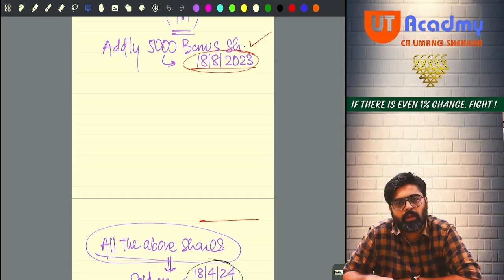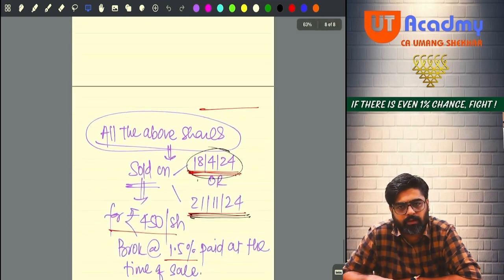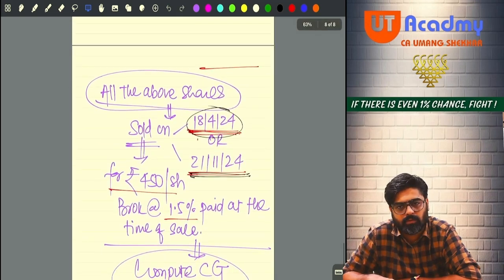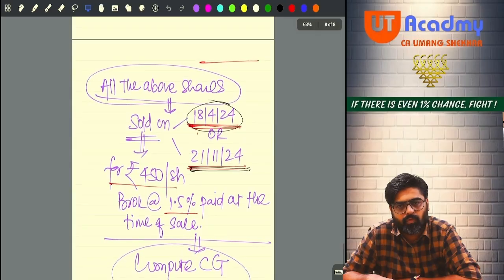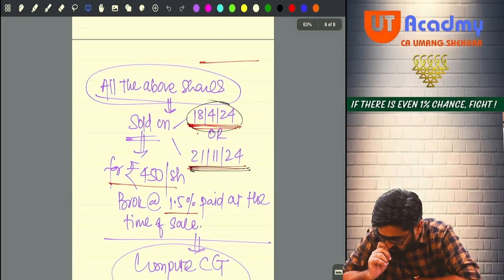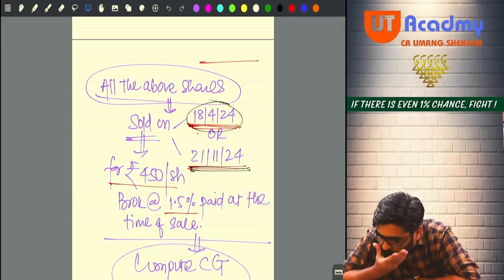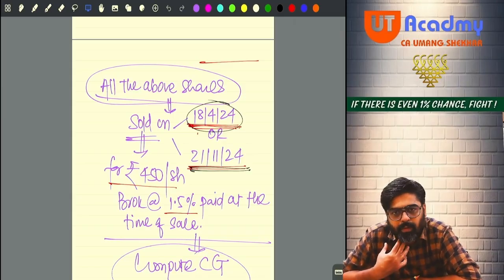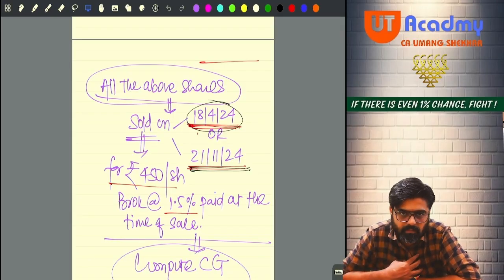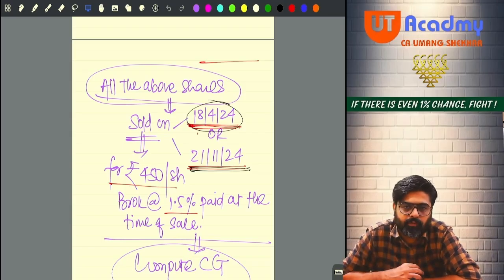He sold all the above 25,000 shares for rupees 450 per share on.